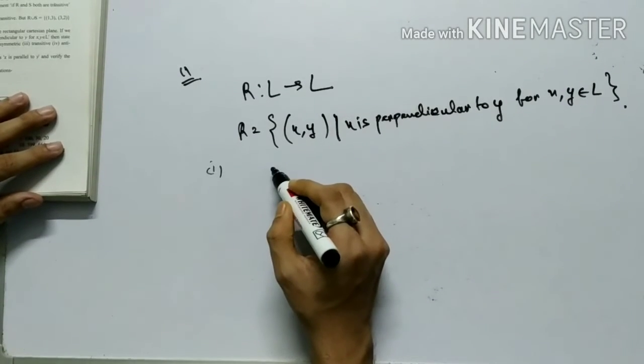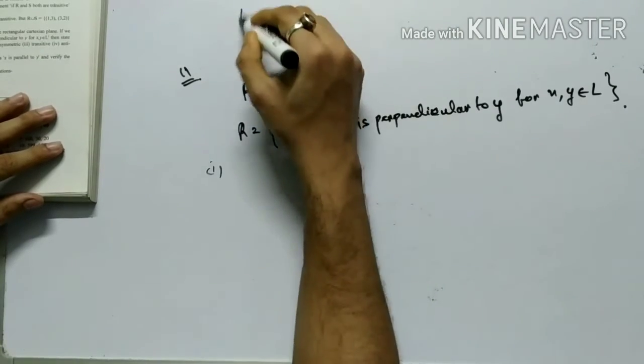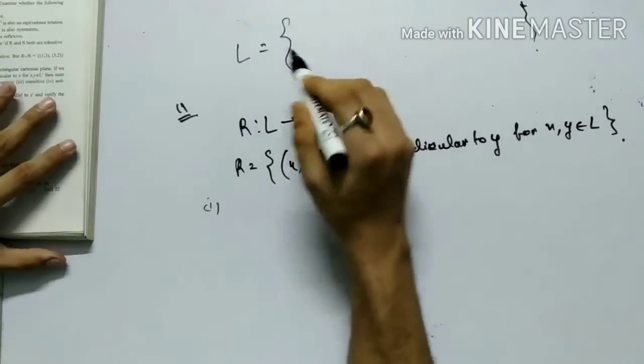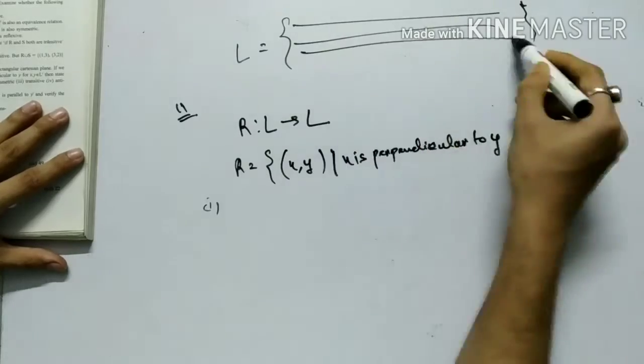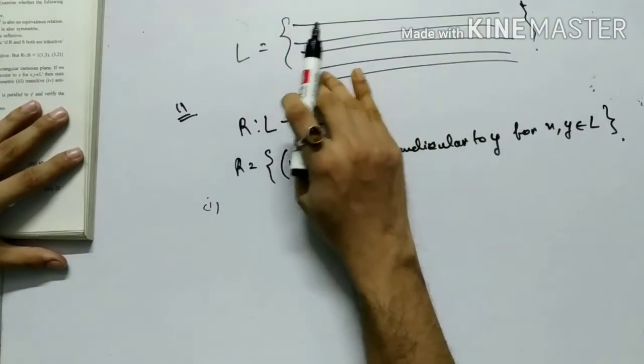L is a set of straight lines, like the straight lines are there. Understand? L is a set of straight lines.